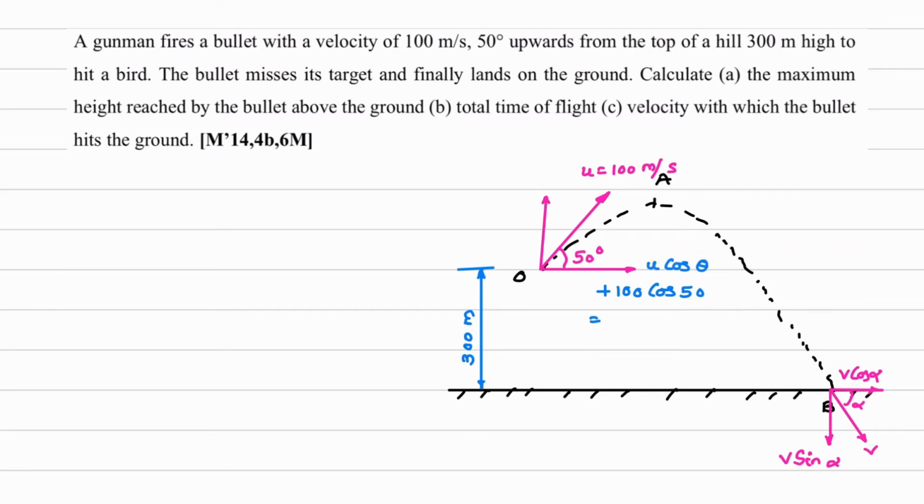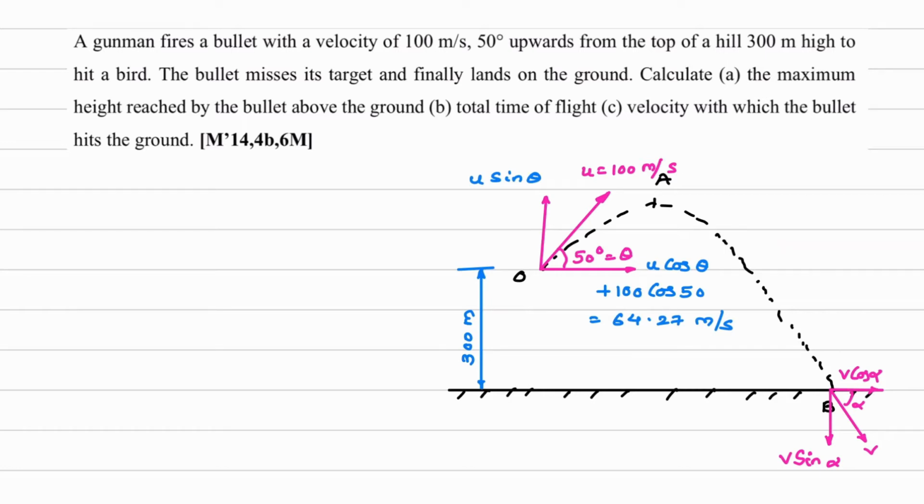Suppose this 50 degrees is theta. So this value is 64.27 meter per second. Now the vertical component will be u sin theta.